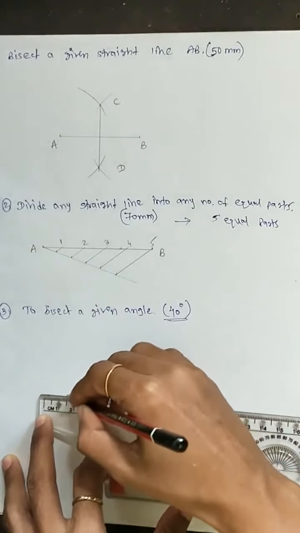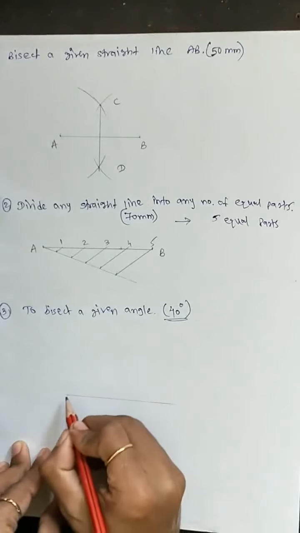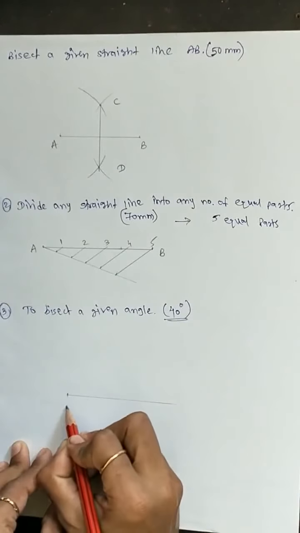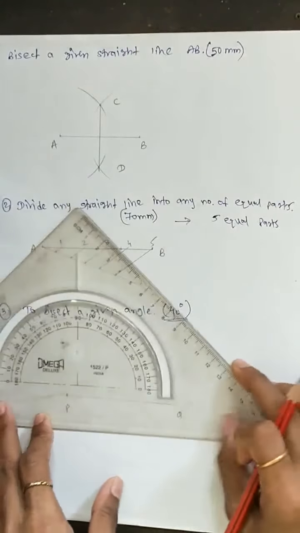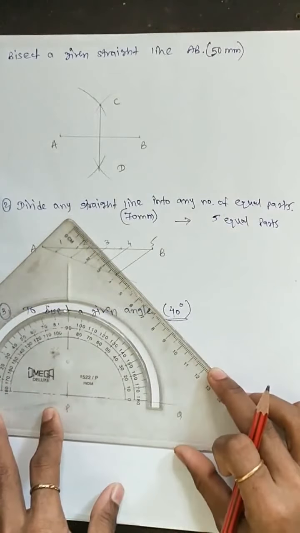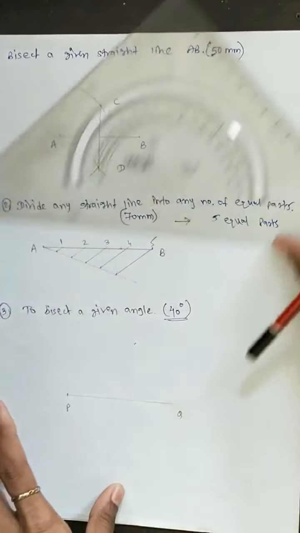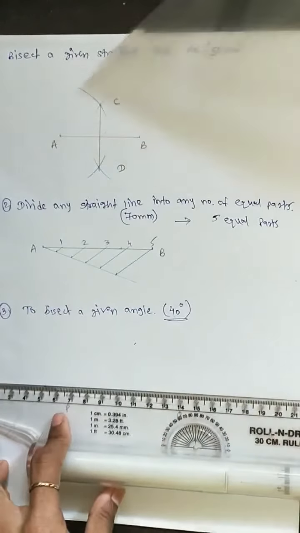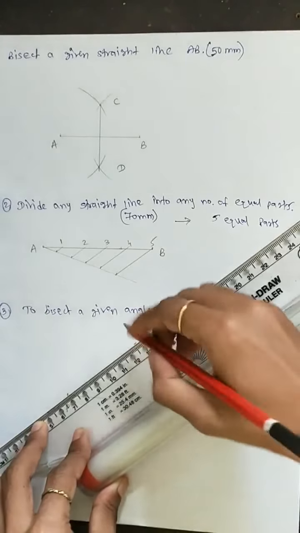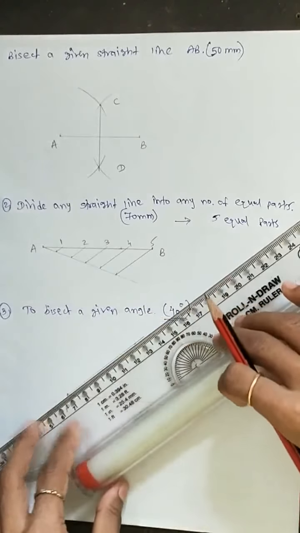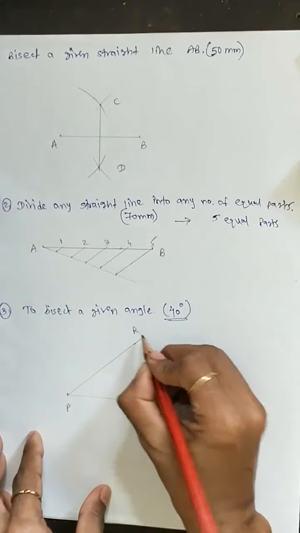So this line I will draw a horizontal line. Give its name as PQ. Then measure 40 degree angle from point P and draw a line. Give name to this point as point R.